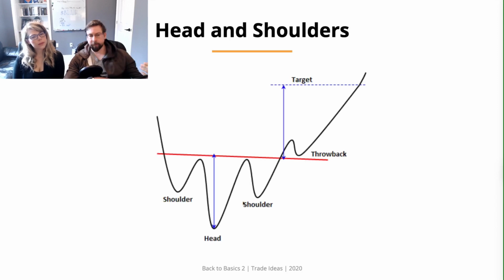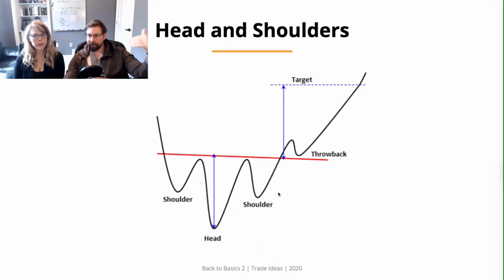But essentially, again, I always want to equate these back to the fact that they're not magic patterns. They're psychological phenomena. A stock sells down to $10 and then it bounces. And then it sells down a little further, it goes to $7 and then it bounces again. And as you would think about it, if this was a trend, this next trough should be lower than the head, but it's higher.